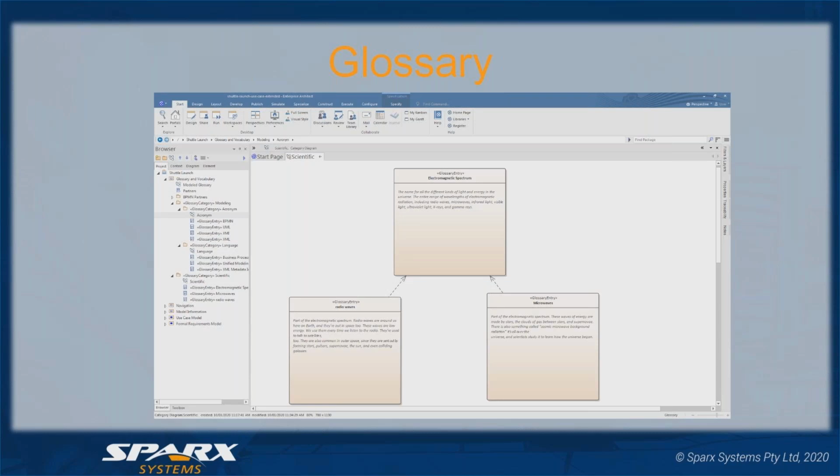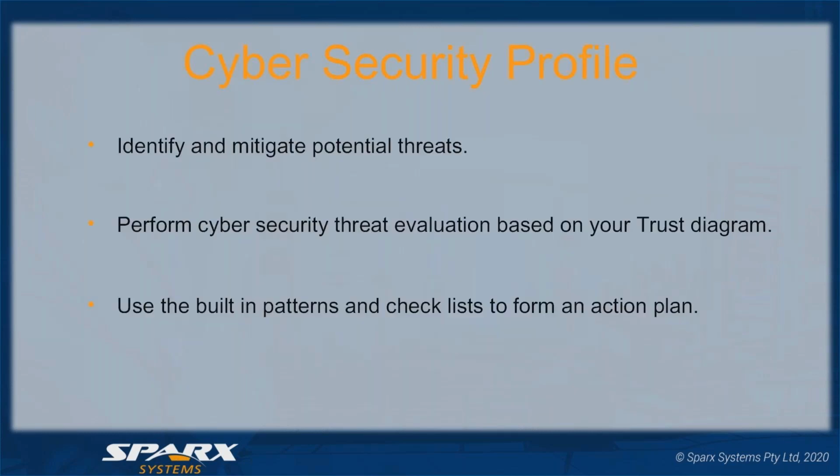Not only can you create semantic relationships with the information presented on screen, but you can also link that to other model elements, which gives you a great deal of flexibility. Enterprise Architect 15.1 also includes new cybersecurity profiles.